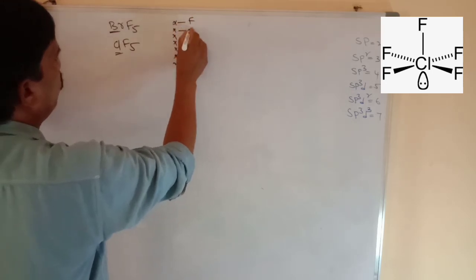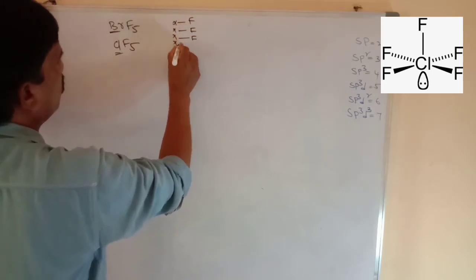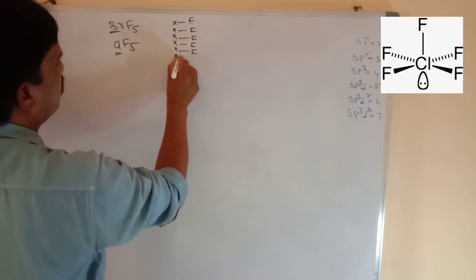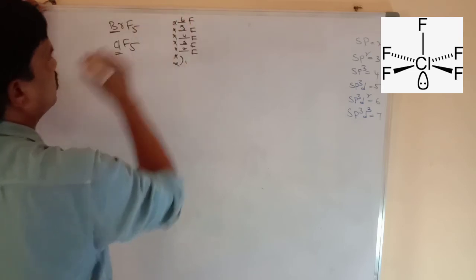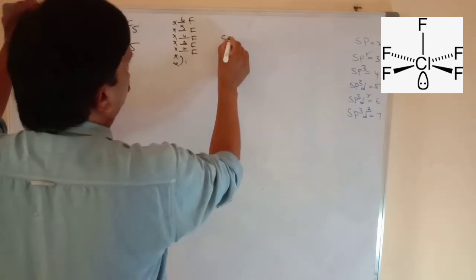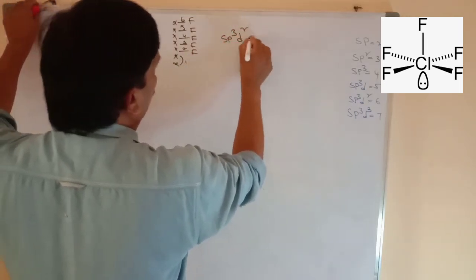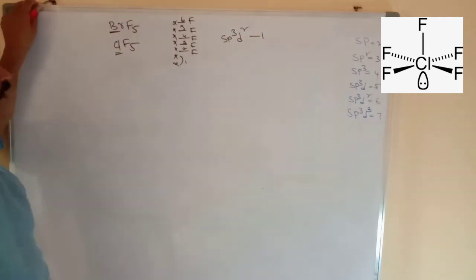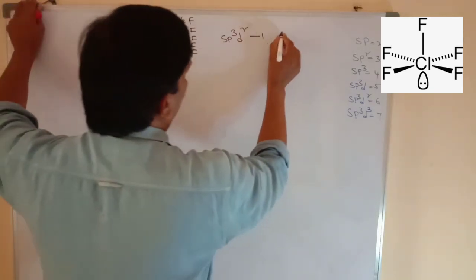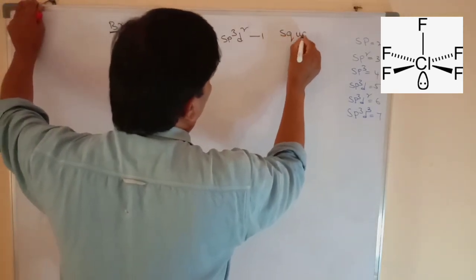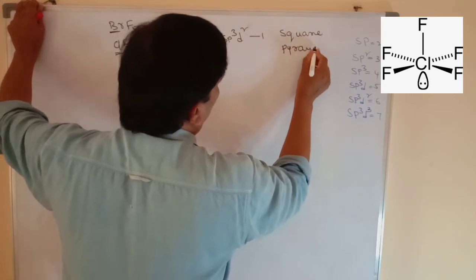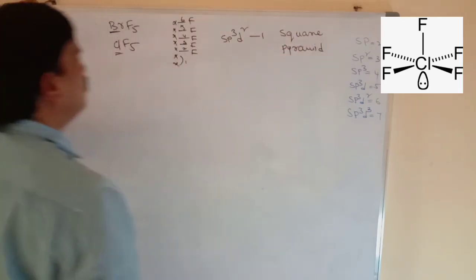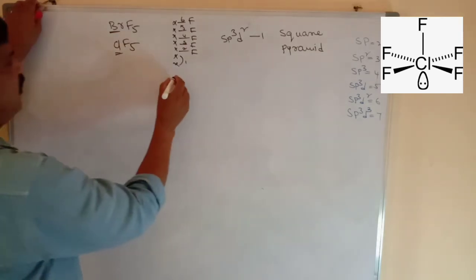There are 5 fluorines: 1, 2, 3, 4, 5, and then 6. sp3d2, 1 lone pair is there. The shape of the molecule is square pyramid.